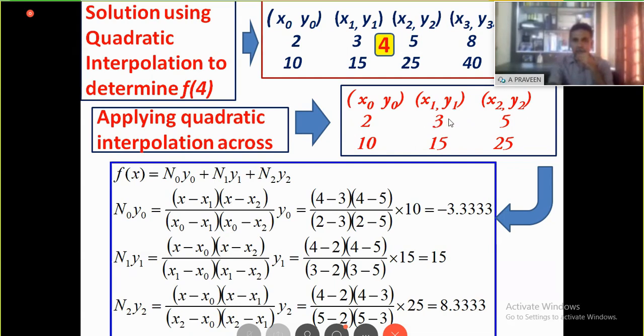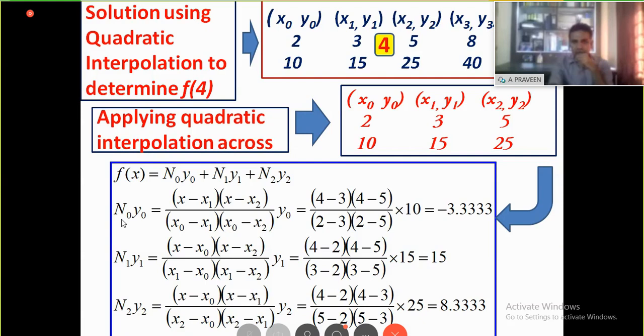Now let us go through the process according to Lagrange interpolation. You have f(x) equals n0 y0 plus n1 y1 plus n2 y2. In quadratic, you have 3 terms. If it's linear, you have 2 terms. If you have 4 data points, you have 4 terms, and with 5 data points, 5 terms. That's why earlier we took 5 terms, because we had 5 data points.